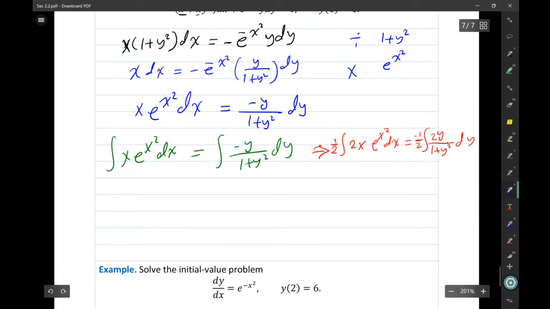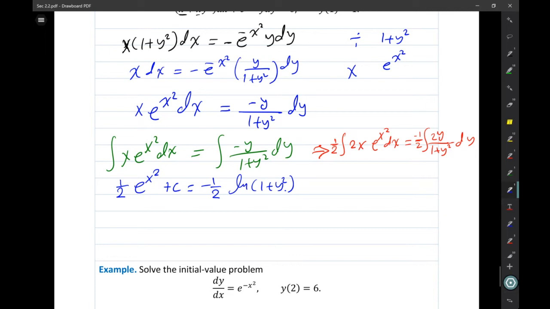So the integral now becomes half e to the power x square plus c equals minus half ln of 1 plus y square. Now multiply both sides of the equation by 2.